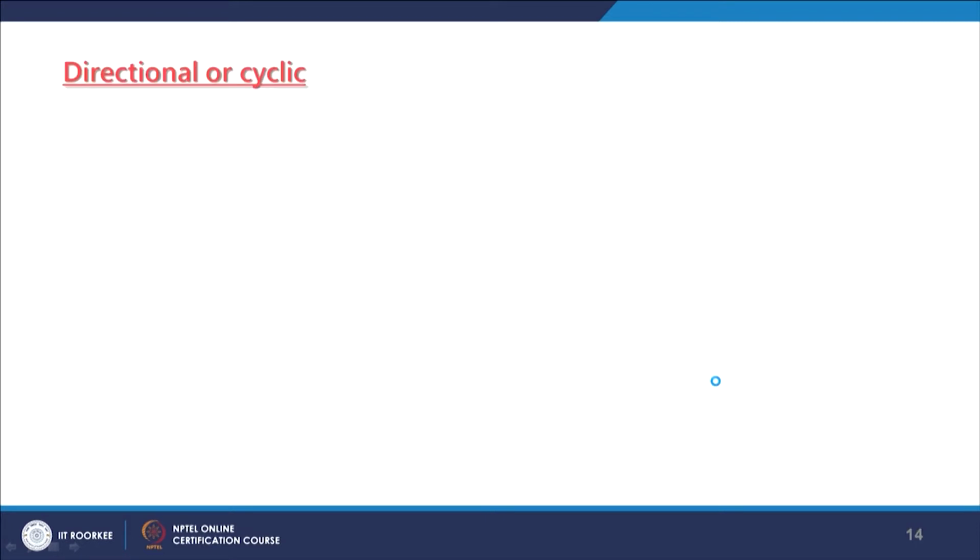Now the fifth type, which is directional or cyclic. Many times, especially in the civil engineering domain or sciences, we have to record bearings in surveying. In civil engineering we record the bearing in which direction, and maybe elevation in degrees also.